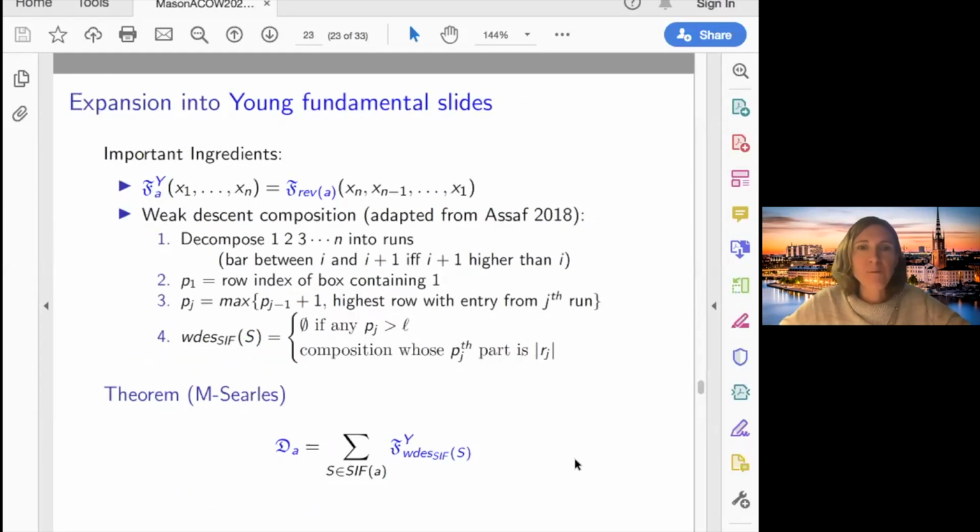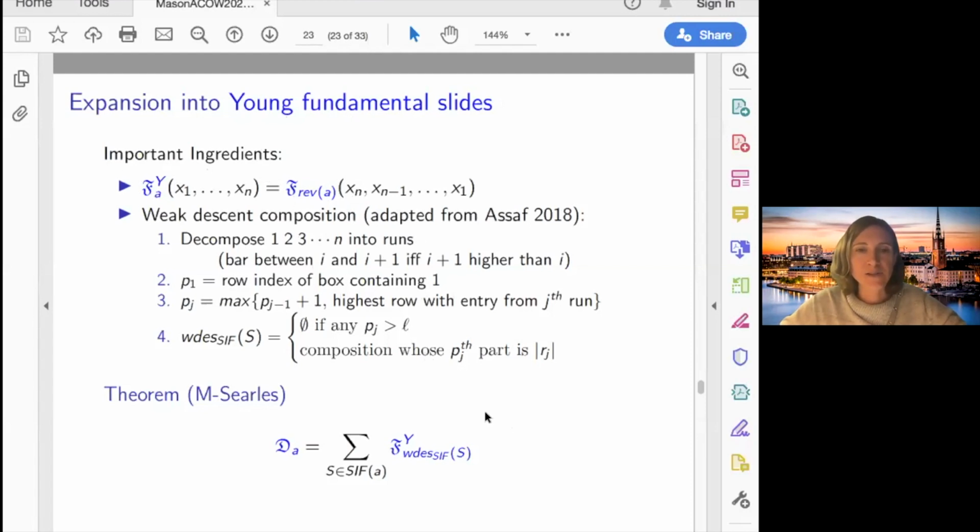But so we did want to go ahead and write these in terms of fundamentals. We just needed the Young fundamental slides. And so we take the fundamental slides and we just reverse the weak composition and flip the variables. And so that gave us the target object.